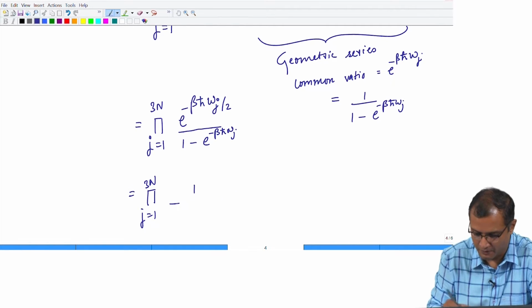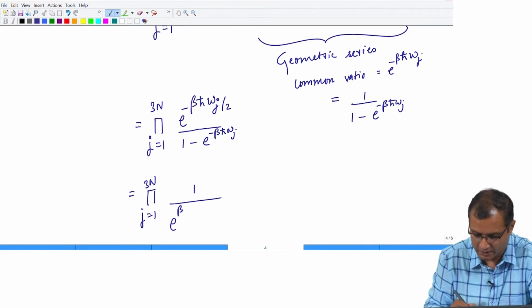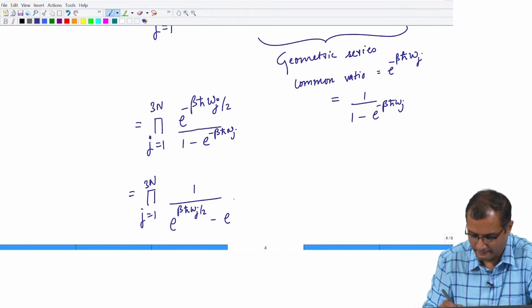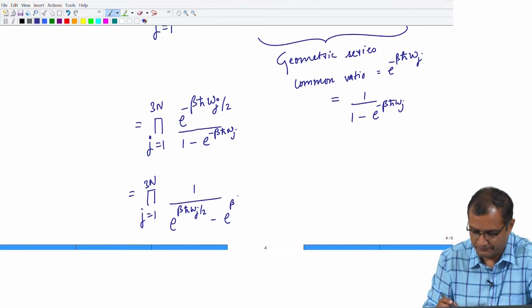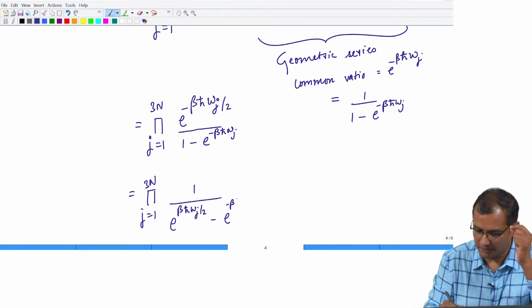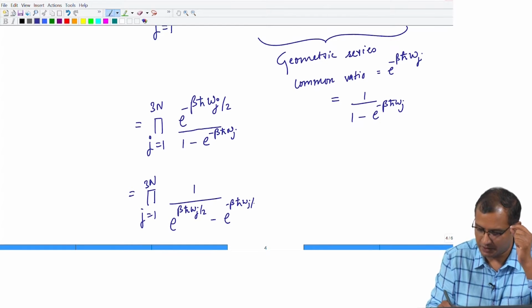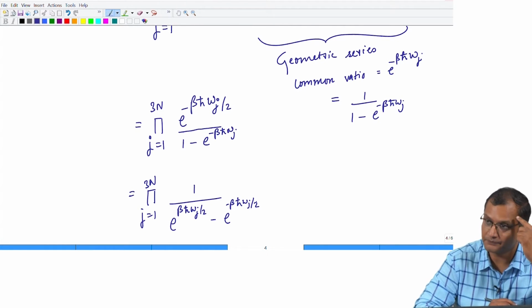So this will give me 1 upon e to the power beta h cut omega j by 2 minus e to the power minus beta h cut omega j by 2.